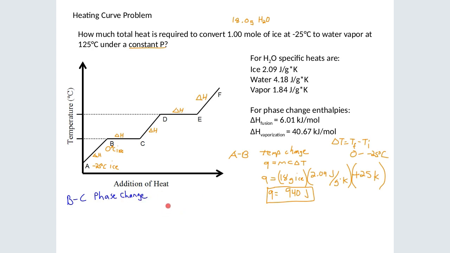All right, so the phase change I'm looking at is going to be fusion. The delta H of fusion is 6.01 kilojoules of heat required for every 1 mole of the substance we're dealing with. In this case, we're dealing with water.